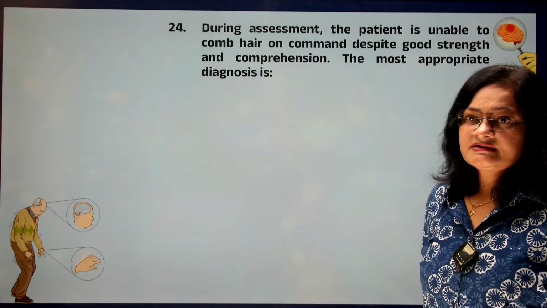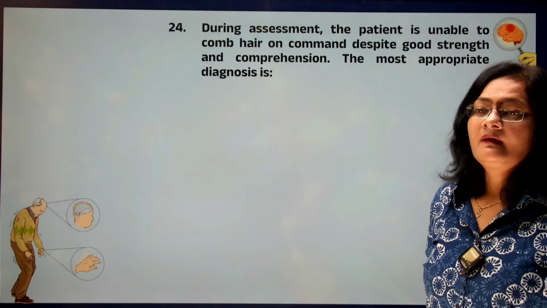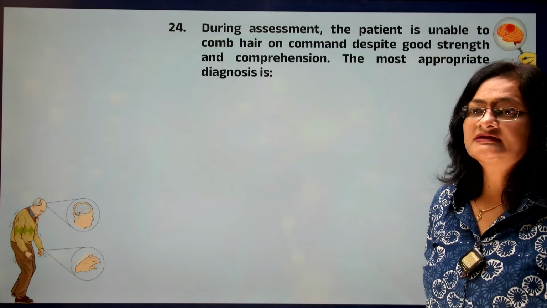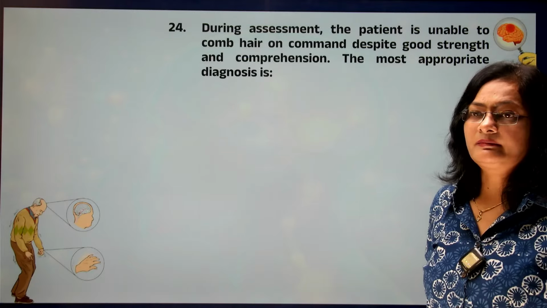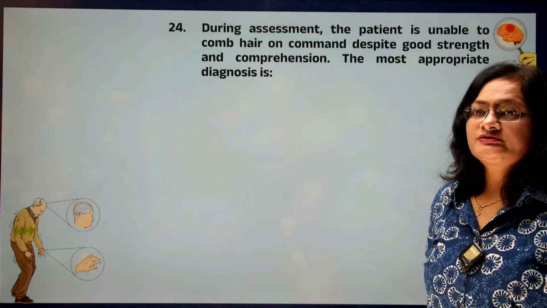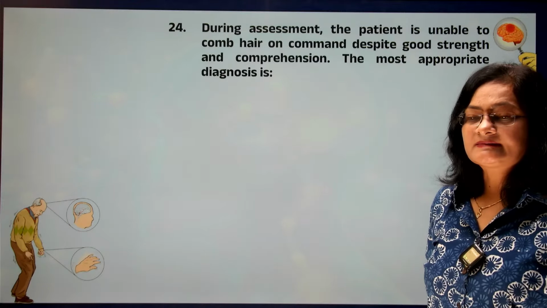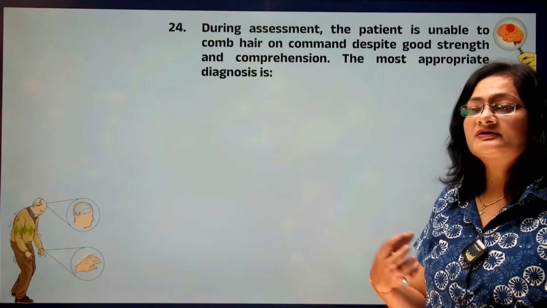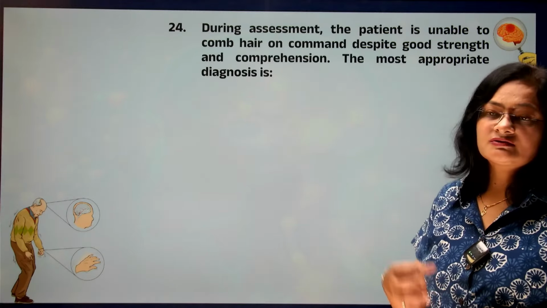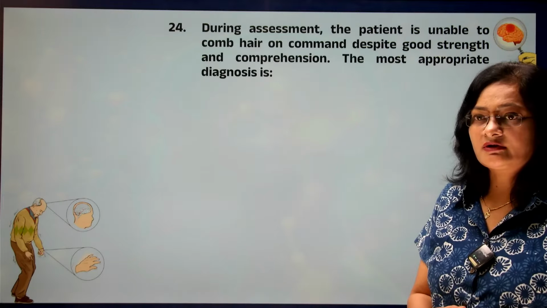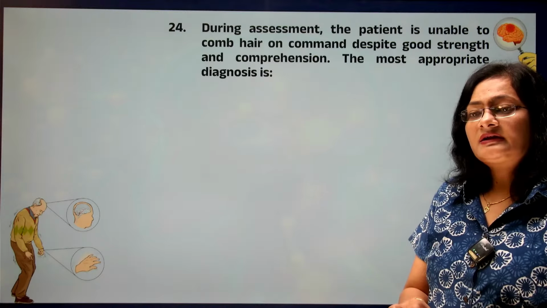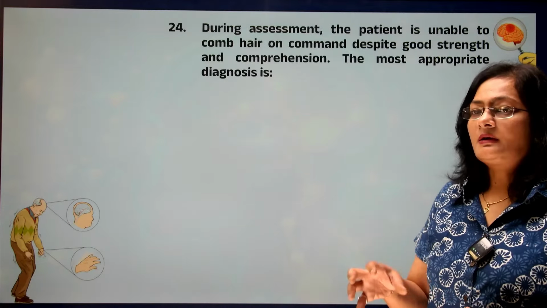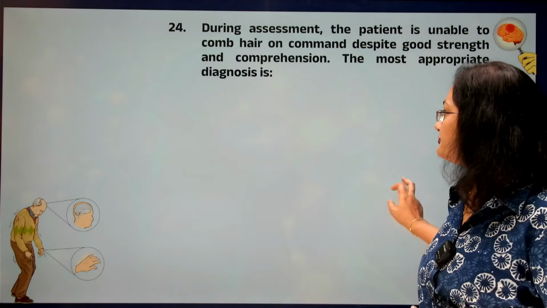Next MCQ is, during assessment, the patient is unable to comb hair on command despite good strength and comprehension. So the most appropriate diagnosis is... The patient has the ability to perform, but the perceptual aspect is affected. So this is some perceptual disorder characterized by difficulty in following the command despite good strength.